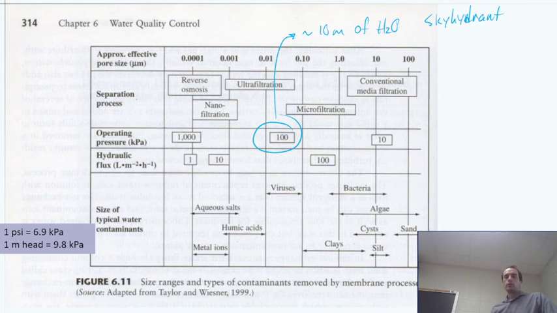Okay, if we go down to the extreme, if we're trying to do reverse osmosis, you'll see here the scale of the operating pressure versus hydraulic flux. They're inverse, right? We've got low pressure, high flow up at the granular media, and high pressure, low flow here for reverse osmosis, which is why when you hear people so scared about the fact that we're going to run out of water, well, it's not actually true.